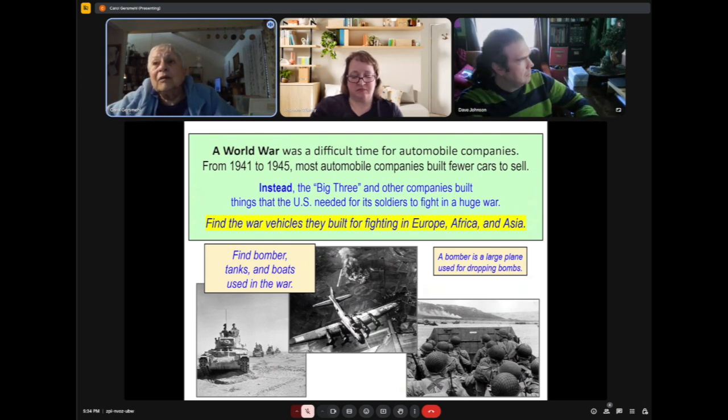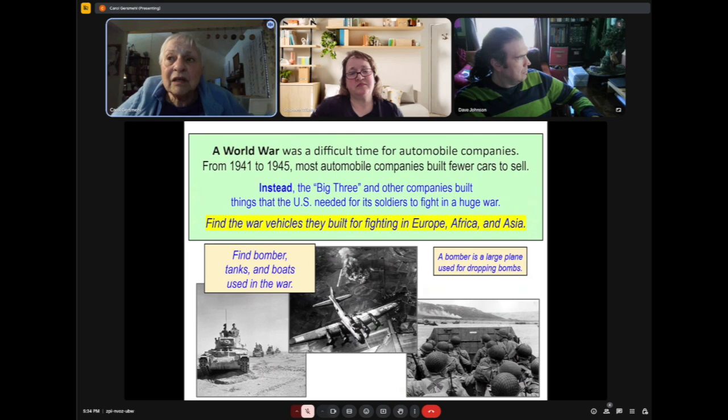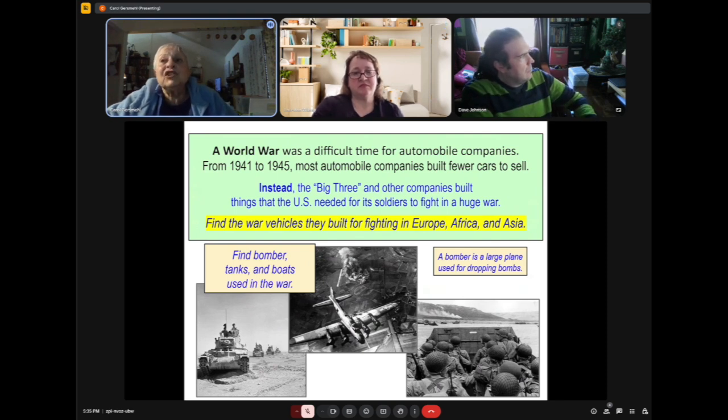And the big three and other companies all the way over to Muskegon built boats using steel. The boats had to use steel because they were being fired at by machine guns.